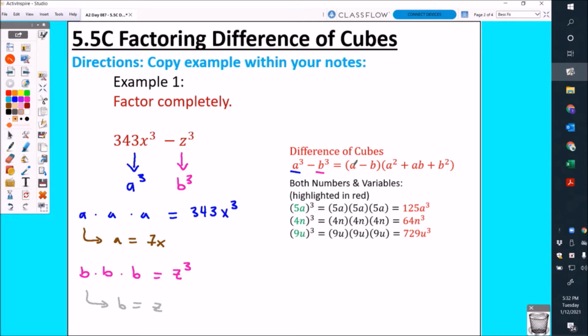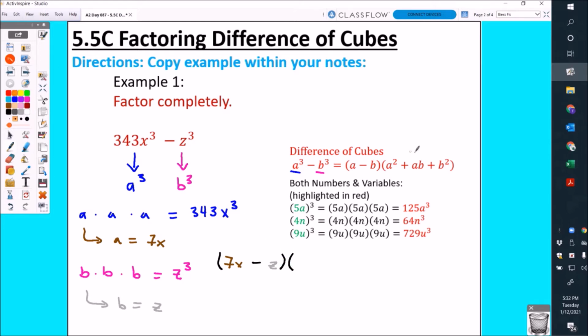Now I'm going to fill in the values for a and b in this structure. So my a value is 7x, followed by the minus, then my z value, close parenthesis, and then open parenthesis.